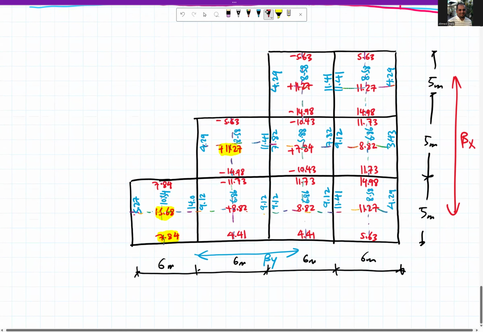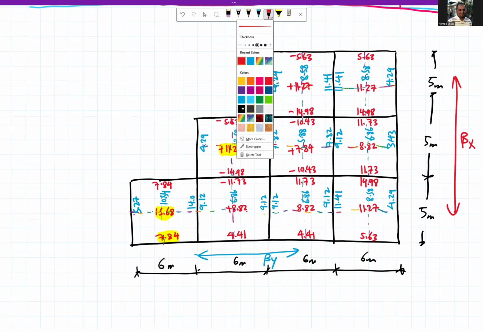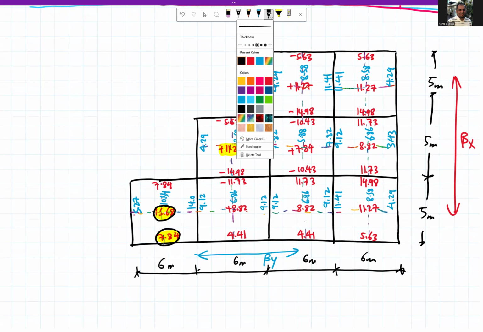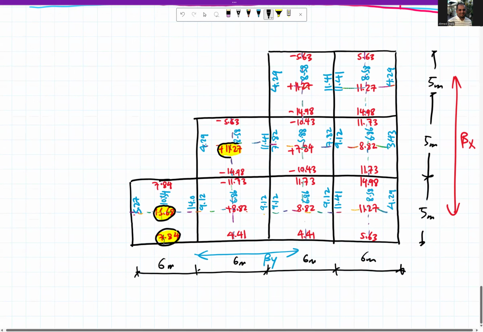So this value is already the maximum anyway. If we consider the second maximum value to use for the whole slab, this is the second maximum value, positive, and this is the second maximum value negative, and this is the maximum edge.